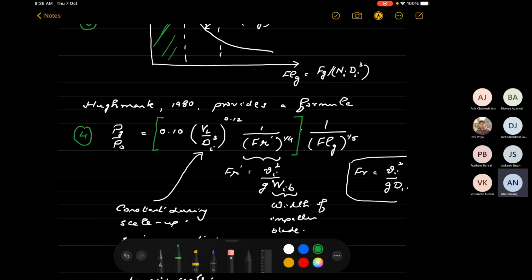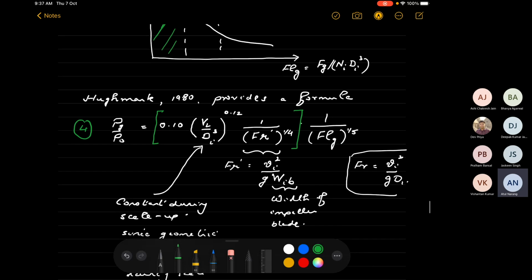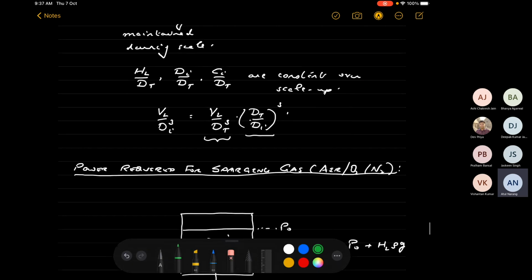Basically, it says that this Pg over P0 comes down as the fifth power of 1 over the gas flow number, and there's a certain constant which depends on various factors. Now, this could be used as an analytical formula if you can't find what you want in the data that is provided in the book.